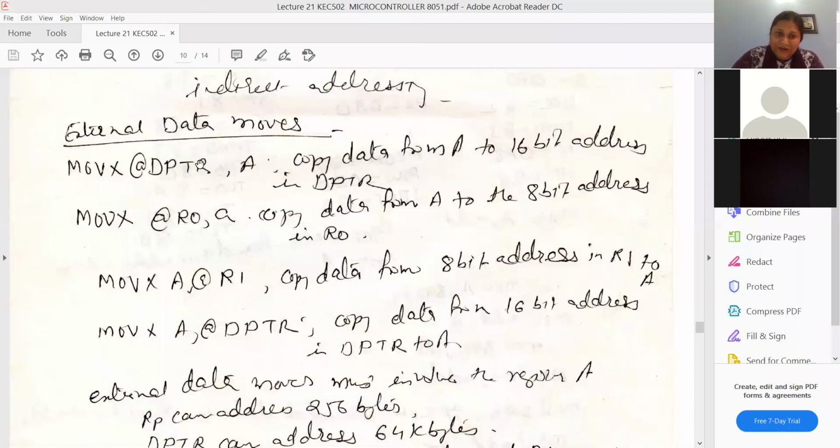This memory location is not residing inside the microcontroller, it is outside. To specify that, you have to put X with move, move X. Is it clear?